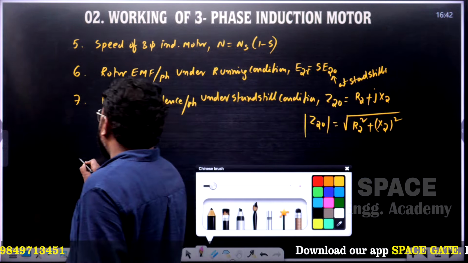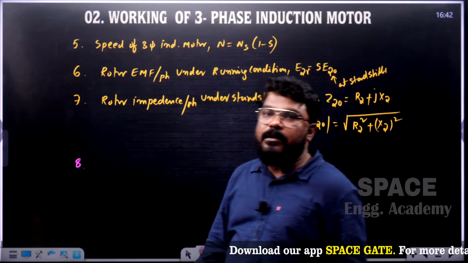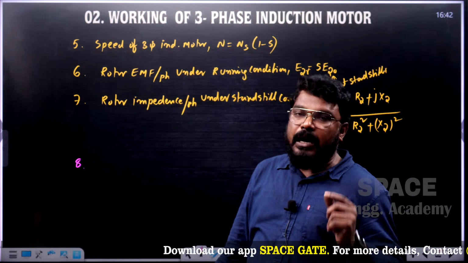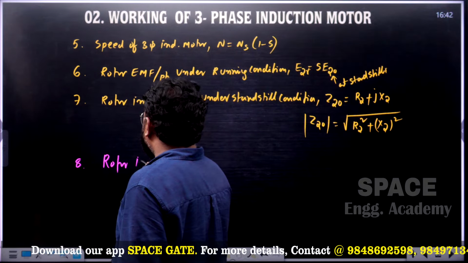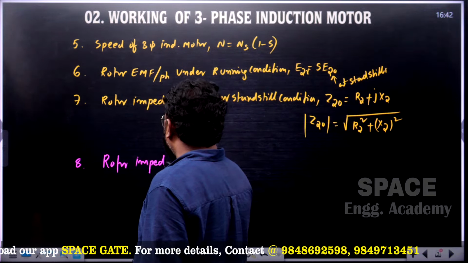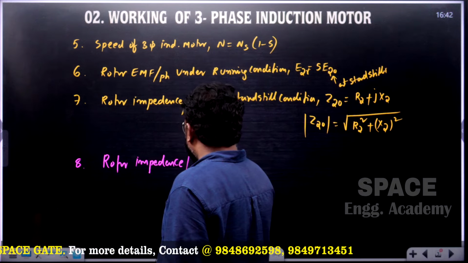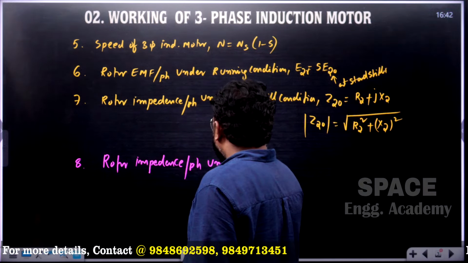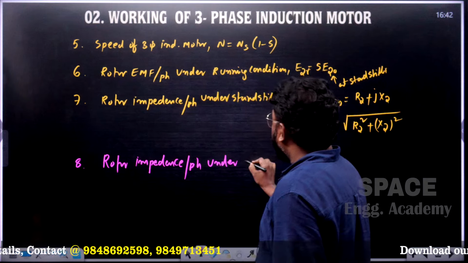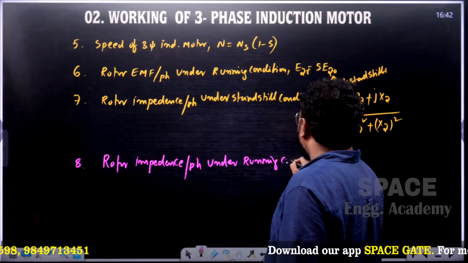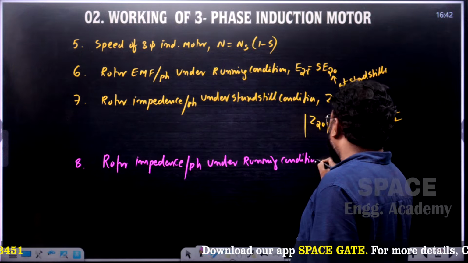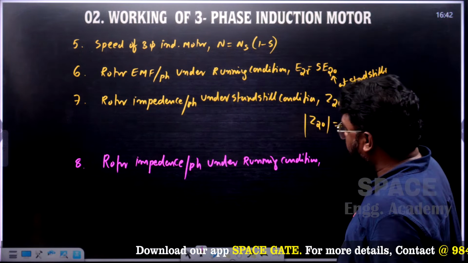And one more formula, the eighth one: rotor impedance per phase under running condition. How do we calculate the rotor impedance per phase under running condition?